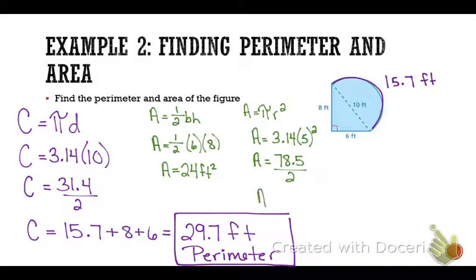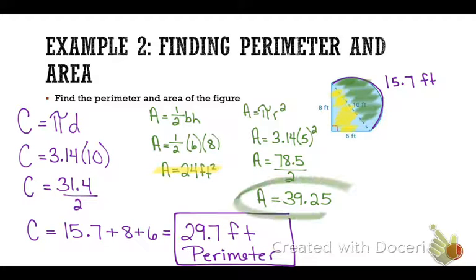So now my area is 39.25. Okay? So here's what I did. The area of the triangle I found, and the area of my semicircle I found, 39.25. So what do you think I'm going to do with those two values?